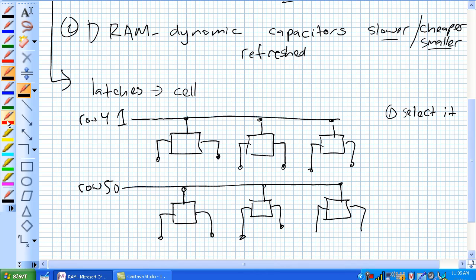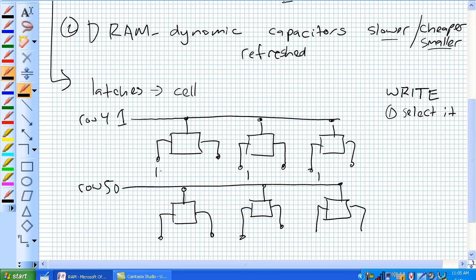So now which row is activated? That one. Okay, now it's capable, and let's say we are doing a write operation. What we do is place a 1 or 0, and let's say we want to store the number 7, 111, into this guy.